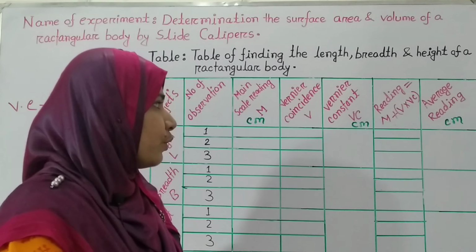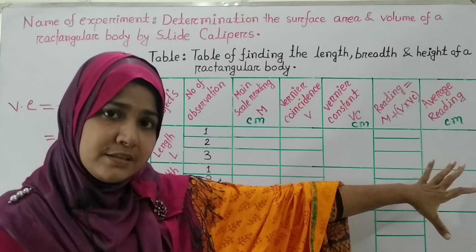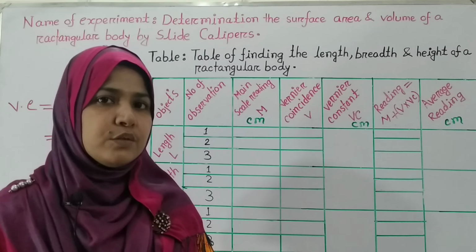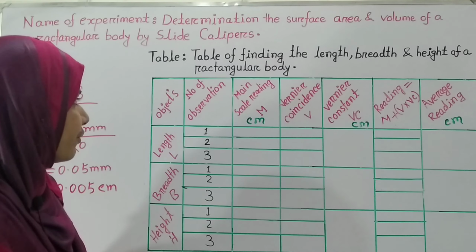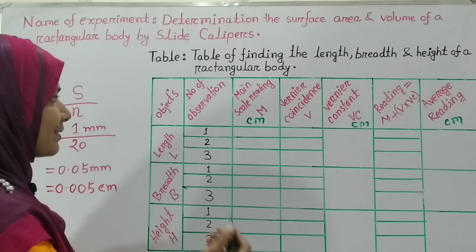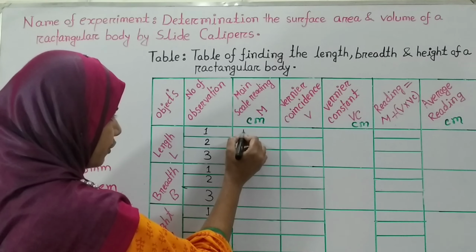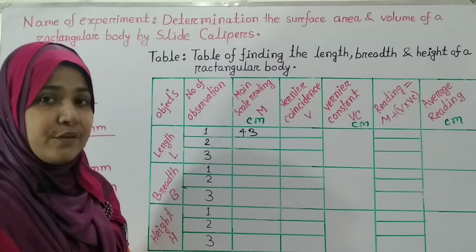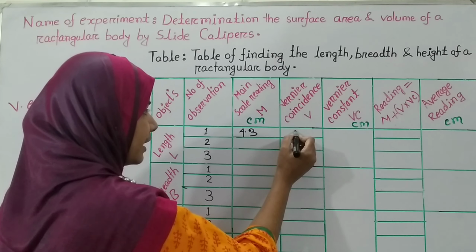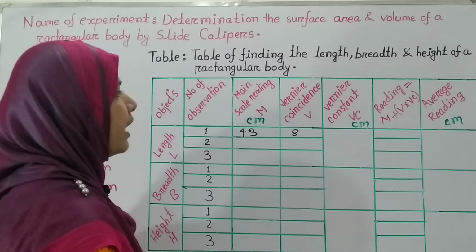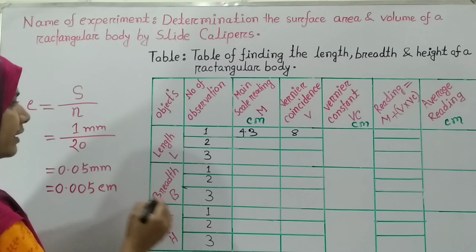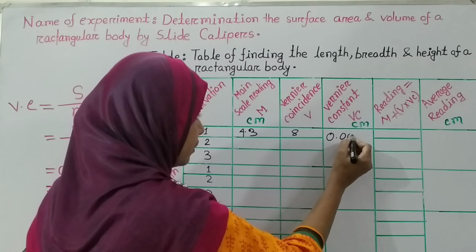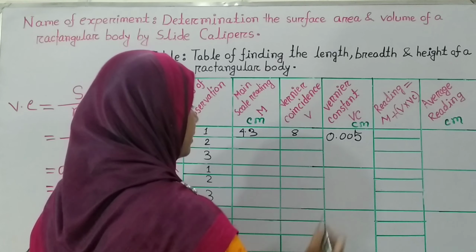In this way I am going to take 3 readings. We are going to take the average reading to make the measurement accurate. So the first reading: the main scale reading is 4.3, vernier coincidence was 8, and the value of vernier constant is 0.005.